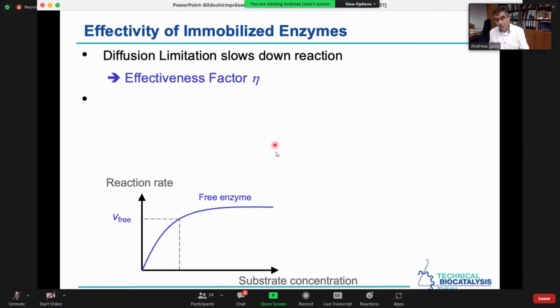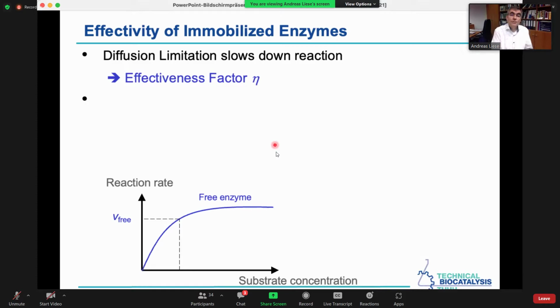Now we're coming to the important point that for sure you need to know as principles, and that is how can we describe how effective a preparation of biocatalyst is. The question behind this is how severe is diffusion limitation in contrast to the free enzyme being solubilized.